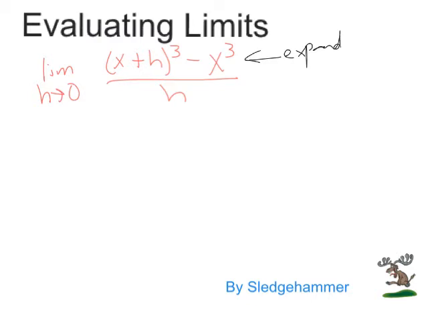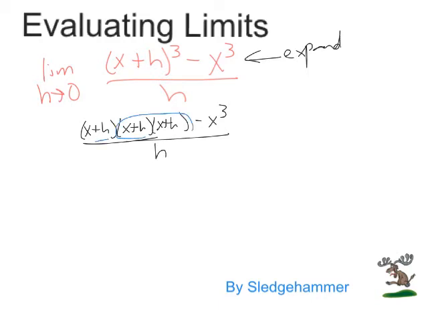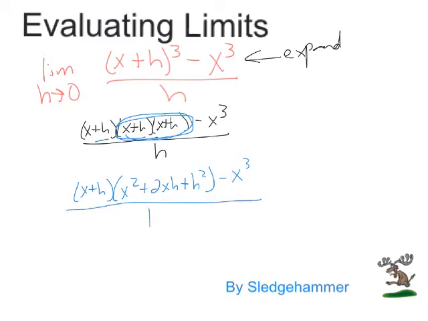So first off, the top will become x plus h times x plus h times x plus h minus x cubed all over h. If we combine our second two, what we would end up having is x plus h times x squared plus 2xh plus h squared minus x cubed, and this is all over h.